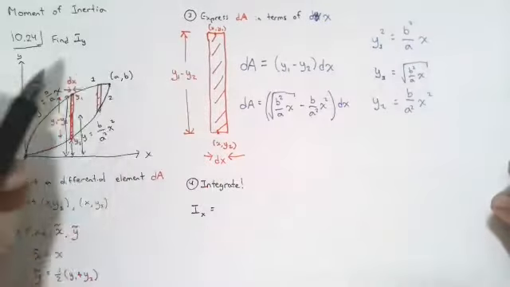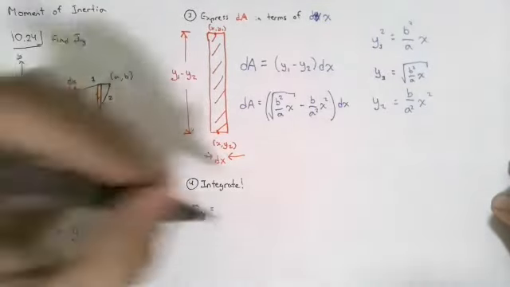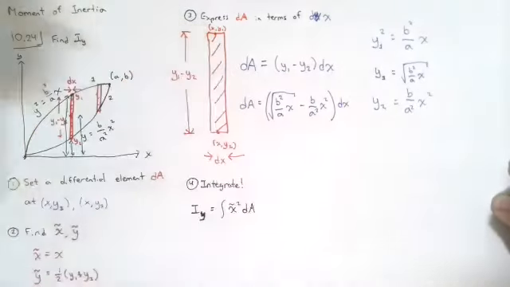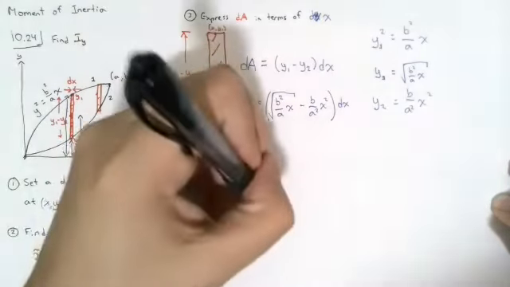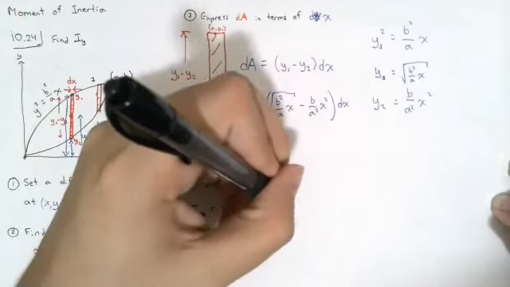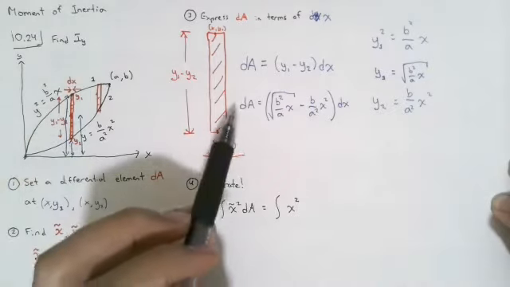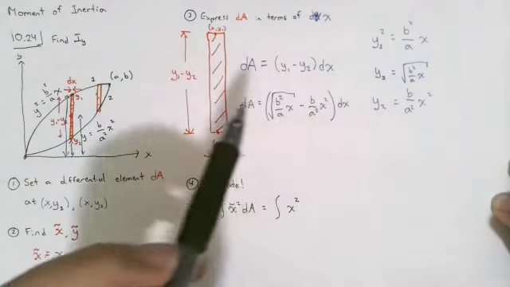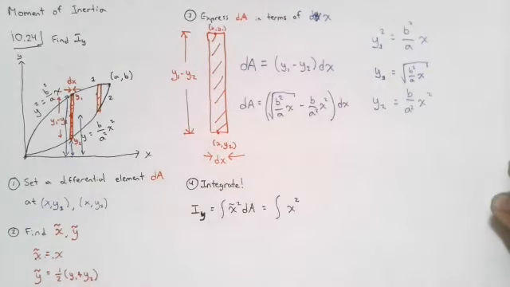The moment of inertia about the y-axis, which is what we're trying to find, is equal to the integral of x squiggly squared dA. From step number 2, we find that x squiggly equals x. Therefore, this is just the integral of x squared dA. From step number 3, we find that dA equals square root of b squared over a times x minus b over a squared x squared.